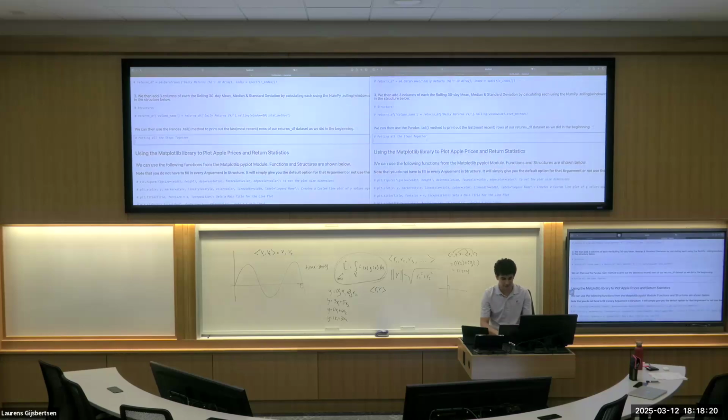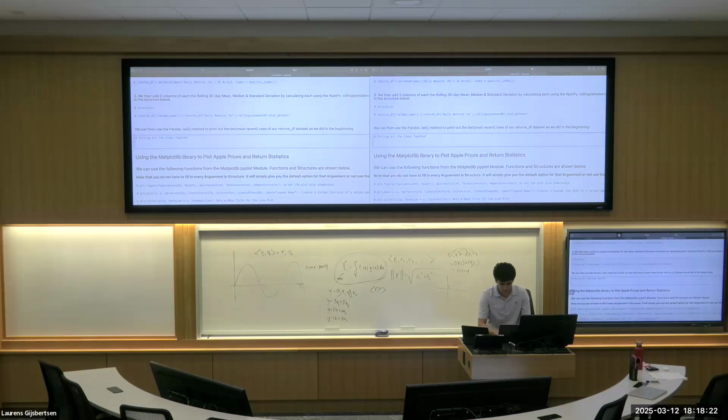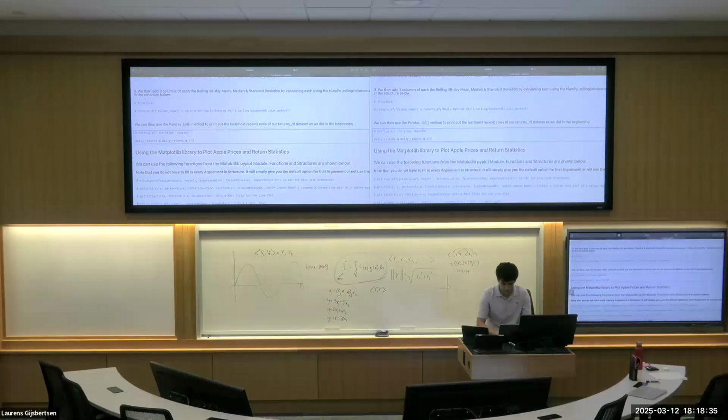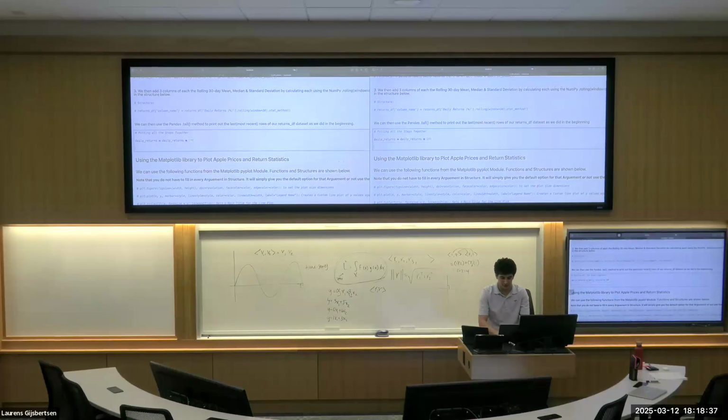Okay, so putting all the steps together, we can do this. Daily returns equals daily returns times 100, right? So that'll multiply by 100, giving us a percentage form. Returns df, so we're making a data frame right now, equals pd.DataFrame.